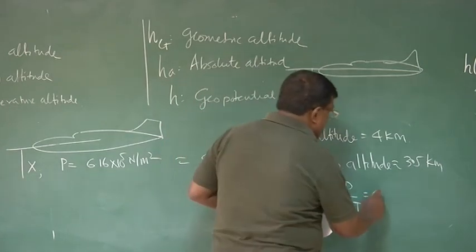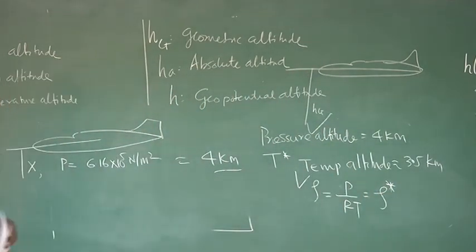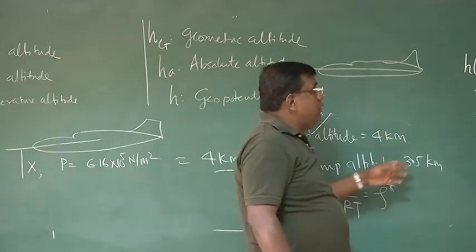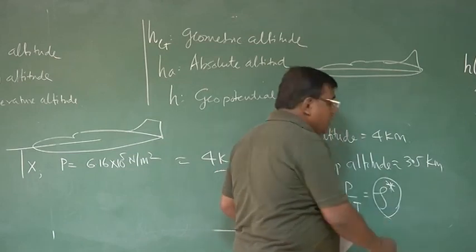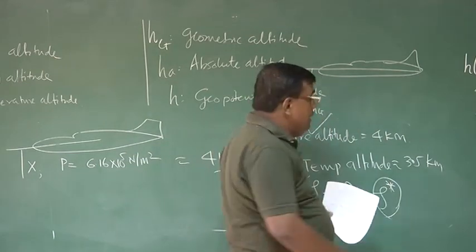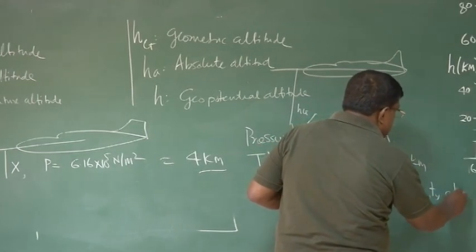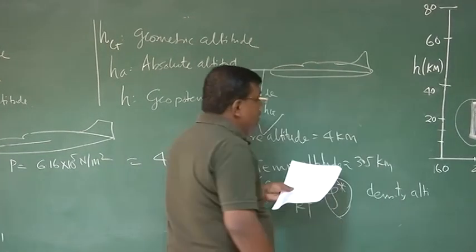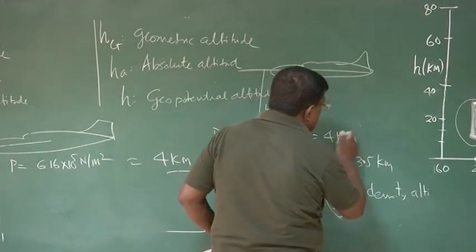Let's say it is rho star. Now to get the density altitude, I have to again go back to the standard atmosphere and see what altitude this rho star corresponds to, and that is called density altitude. Again, that may not be 3.5 or 4, that could be anything other than this.